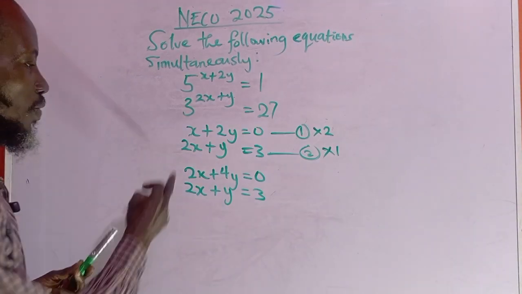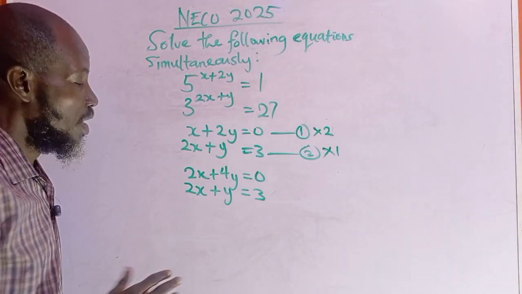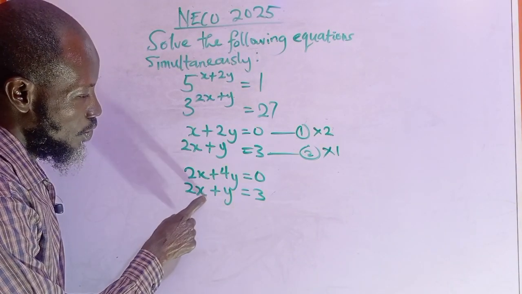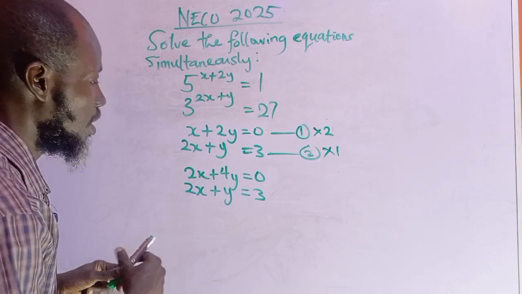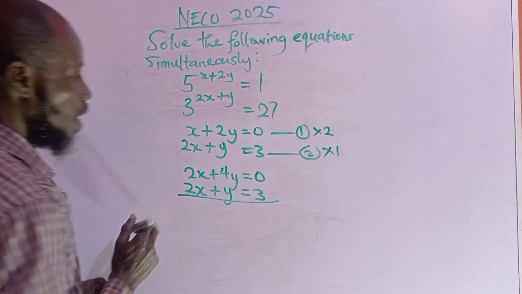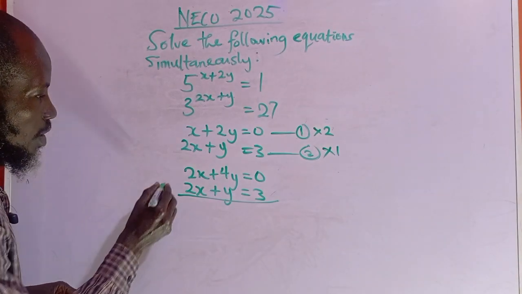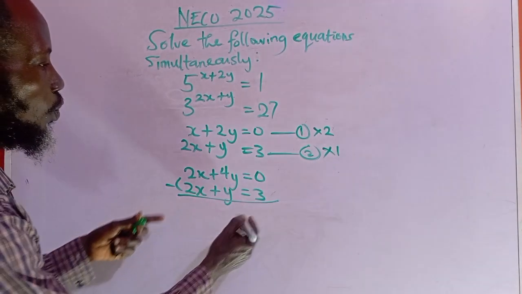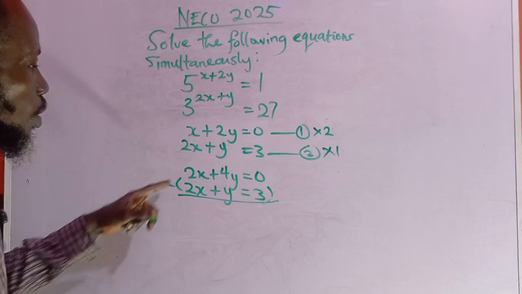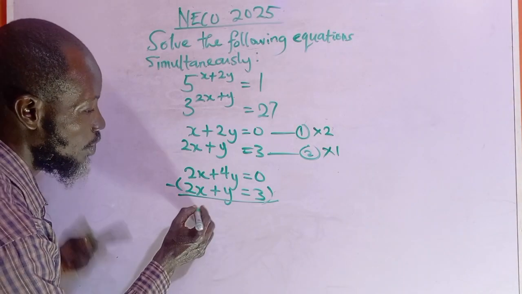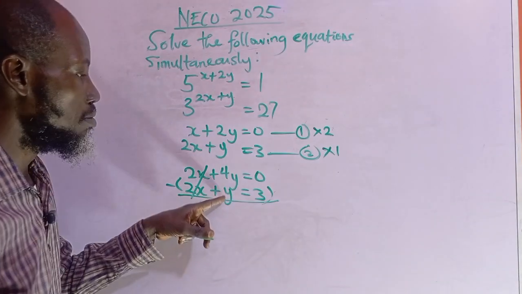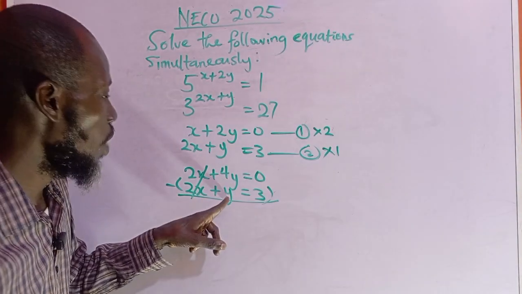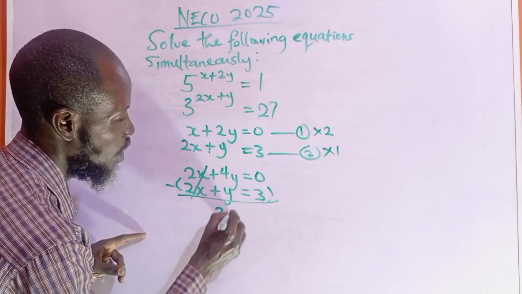So now we've equated the x term here, so it's easy for us to eliminate. We are going to subtract equation 2 from equation 1. So 2x minus 2x gives us 0, so that is gone. Now we have 4y minus y, which gives us 3y.